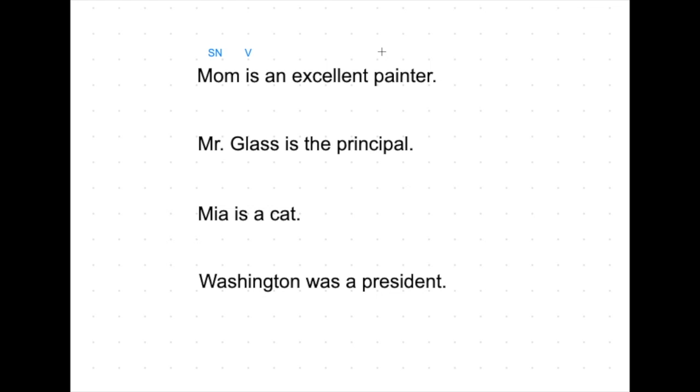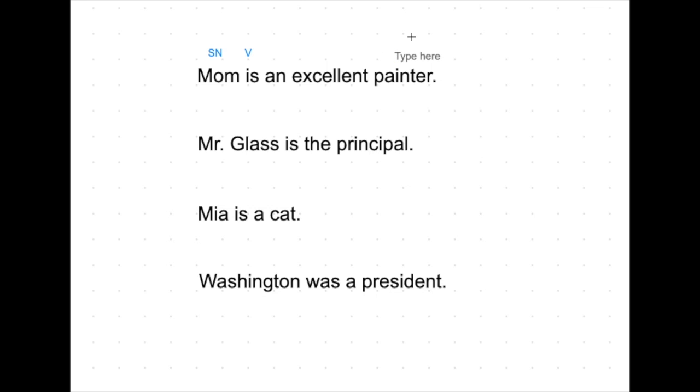Are they referring to the exact same person? If they're not, it's a direct object. But if they are, it's a predicate noun. Mom and painter are both referring to the exact same person. So they mean the same thing. They mean the same person. If your mom is a painter, it's the same person.